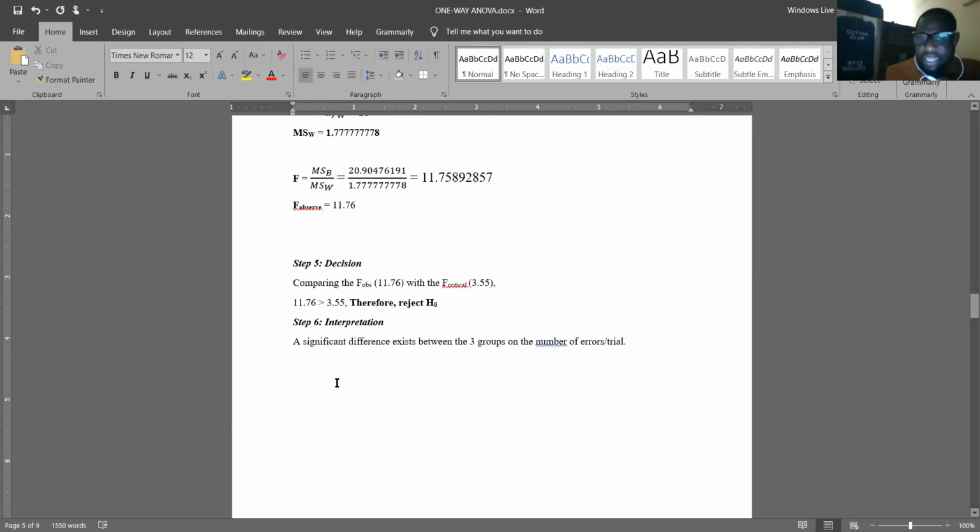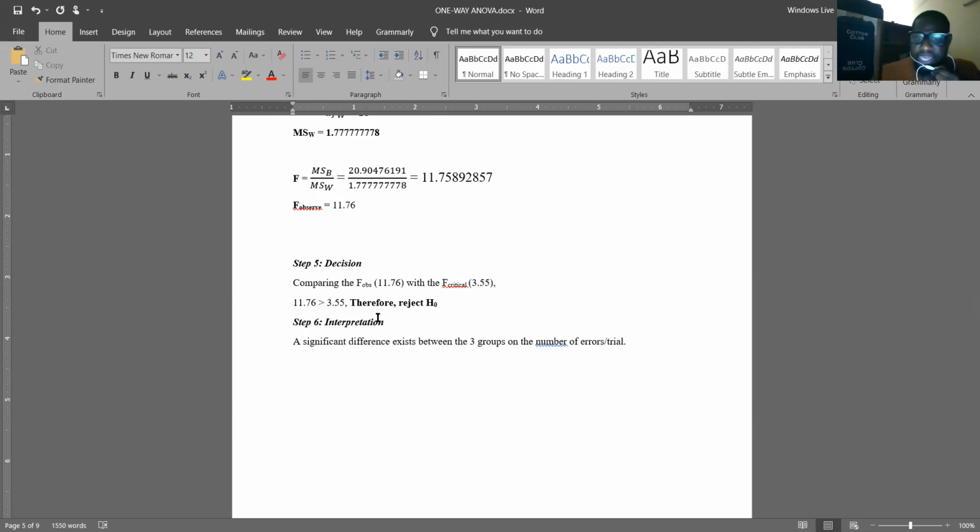So since we are rejecting HO, it means we'll move on to the next step, which is interpretation. And in our interpretation, as we've been doing for the previous ones, we are supposed to select one of the hypotheses, either H1 or HO. For us to select any hypothesis, it will be based on the decision that we've made. We've made a decision to reject HO. It means that the only hypothesis available to us is what?